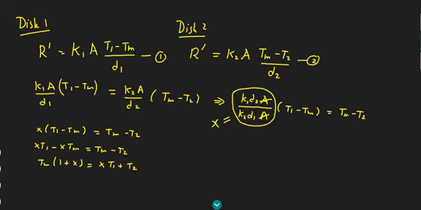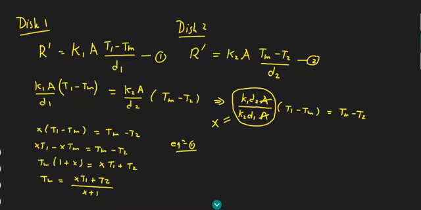Now I'll solve for Tm, which would be (x T1 plus T2) divided by (x plus 1). So this is my expression for Tm. Then I can substitute this expression for Tm into either equation 1 or equation 2, and then solve for the required expression in the problem. So I'll use equation number 1.